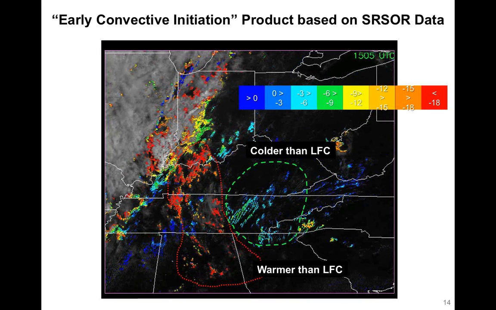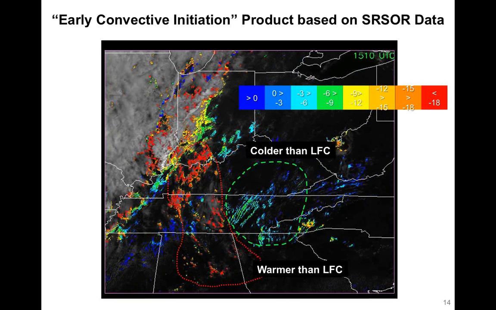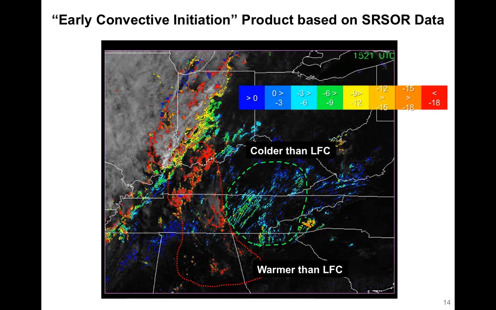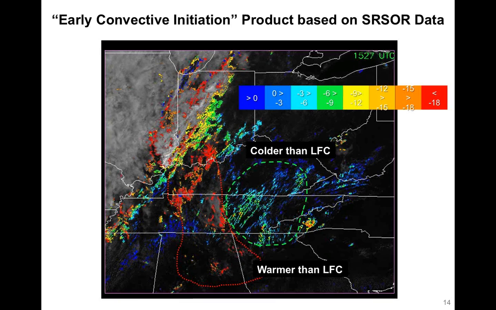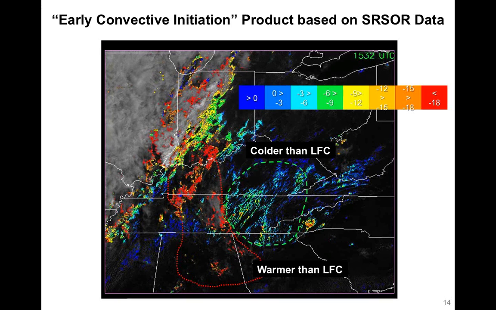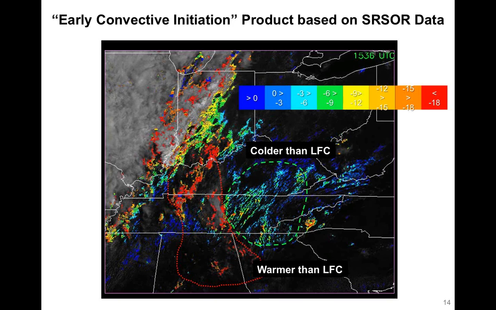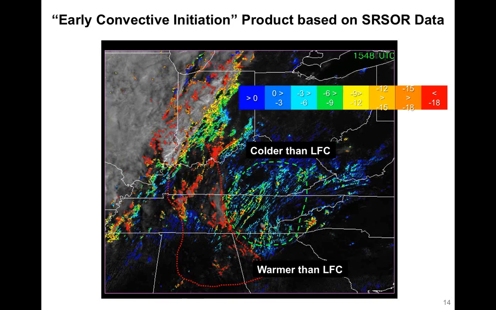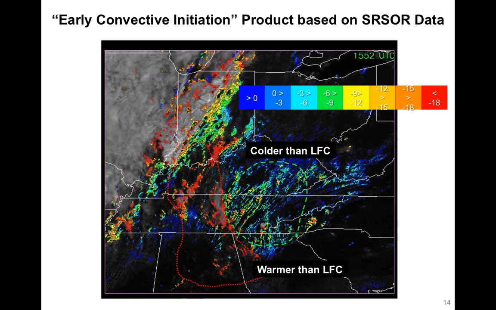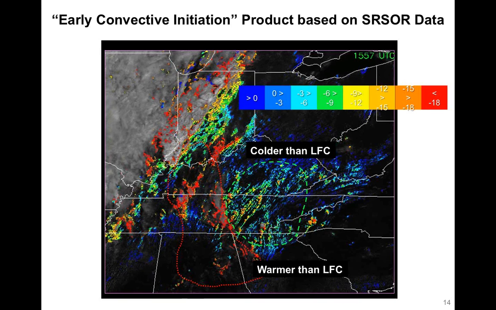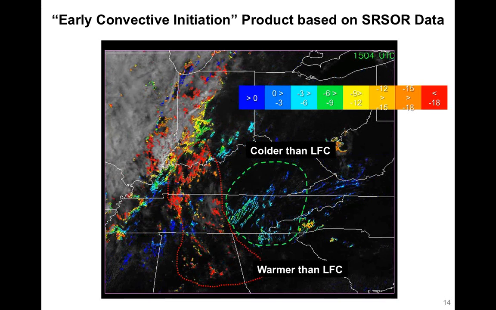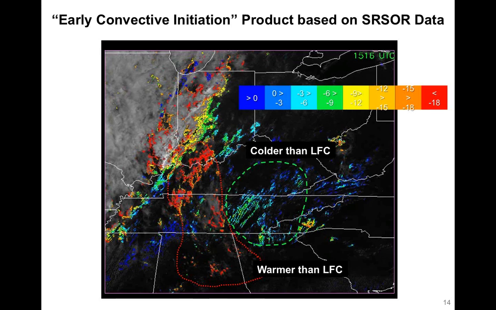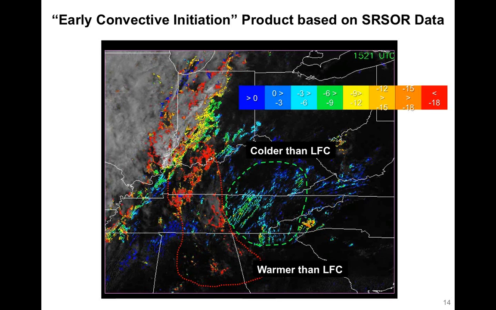So you can do a delta there and figure out how much colder the clouds are compared to the level of free convection, and it's really an early indication of atmospheric destabilization. The colder than LFC region is circled in a green area, the warmer than in red. Roughly speaking, the forecasters could look at this in real time. We're going to be demonstrating this by the end of this summer in a real-time fashion with GOES-14.